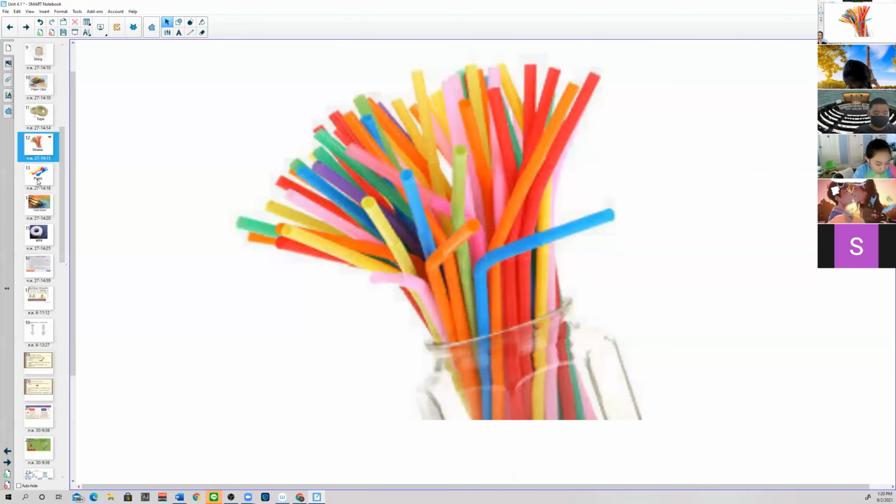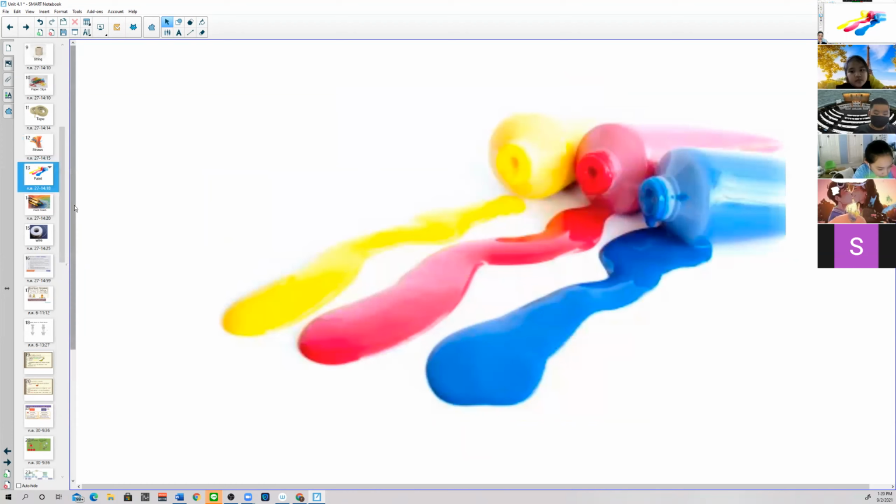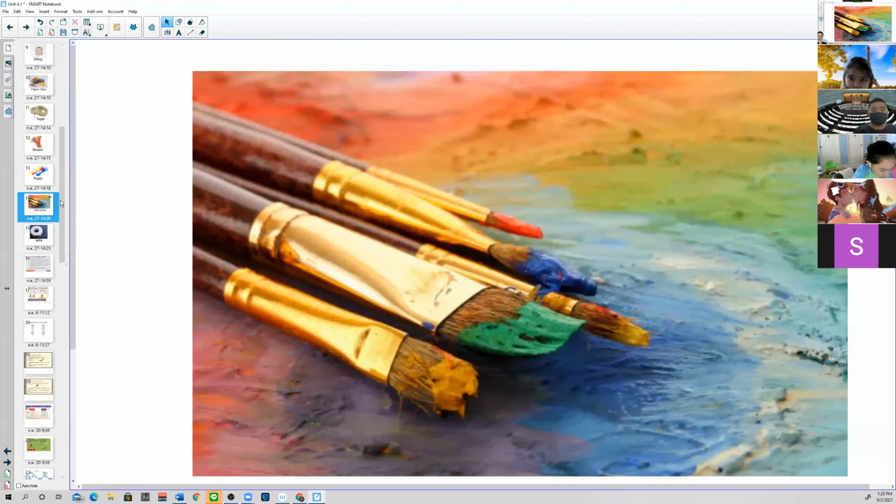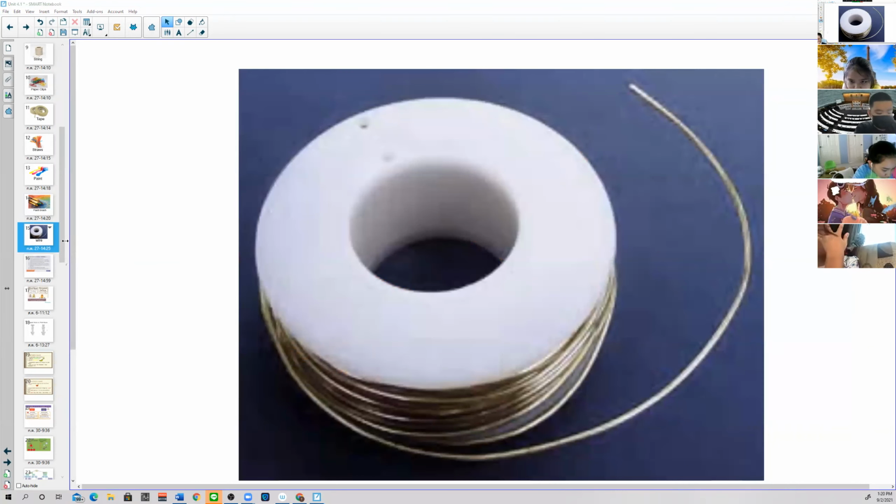Paint. Good job. Pen. Brush. Brush is okay. What about this one? Wire. Wire is made from metal, like a little string.